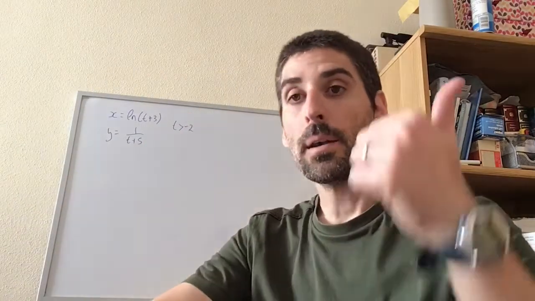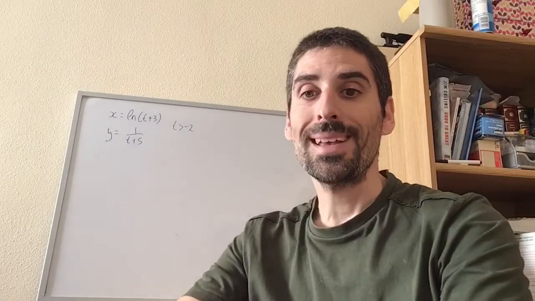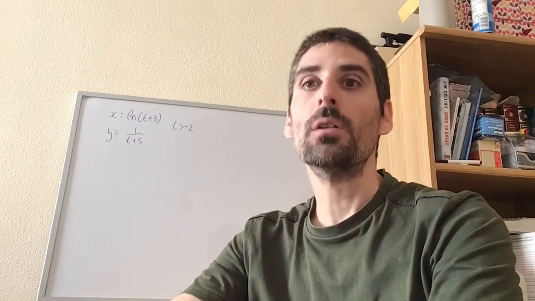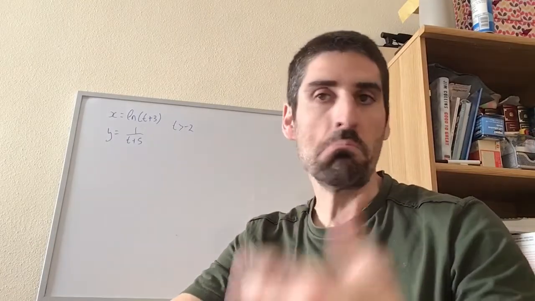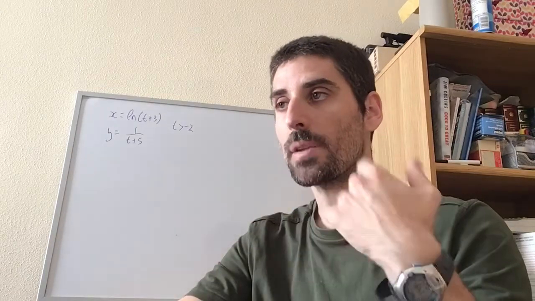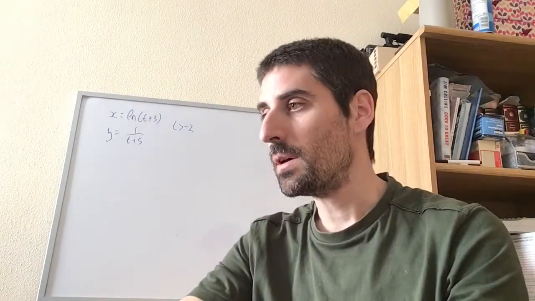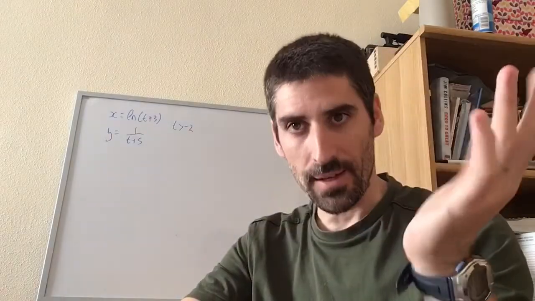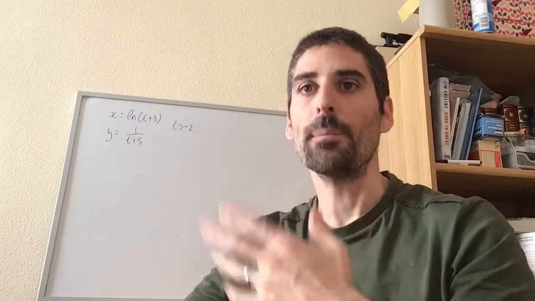Number 1, find the Cartesian equation, and number 2, find the range of the Cartesian equation. Just like we did before, we make t the subject of x and substitute into the parametric for y.